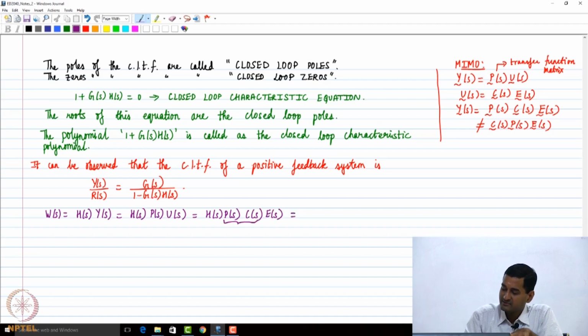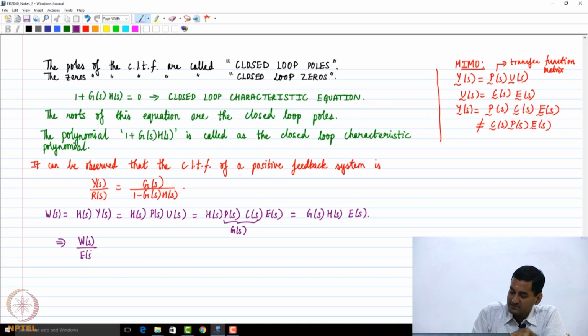So this is nothing but G(s), and we are going to get G(s) times H(s) times E(s). This implies that W(s) divided by E(s) is G(s) times H(s).